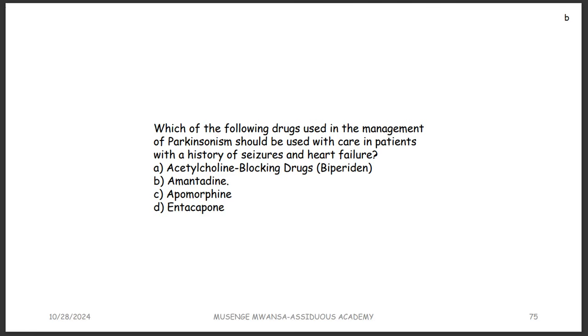Which of the following drugs used in the management of Parkinson's should be used with care in patients with a history of seizure and heart failure? Acetylcholine blocking drugs, amantadine, apomorphine, entacapone. Anyone for this one?